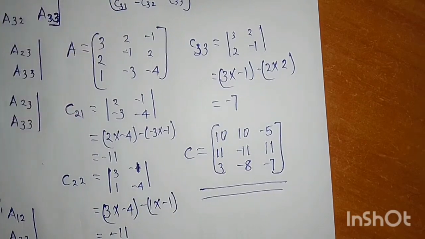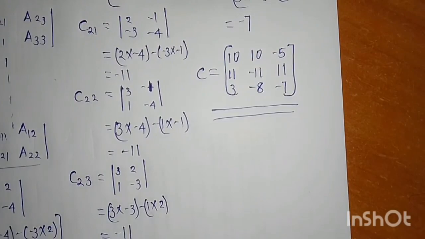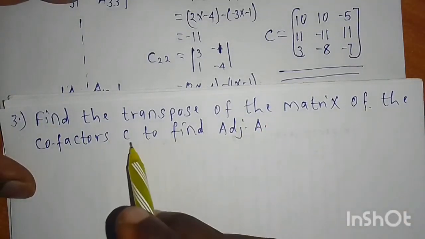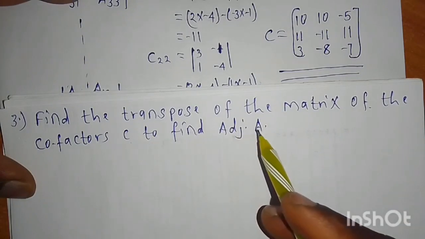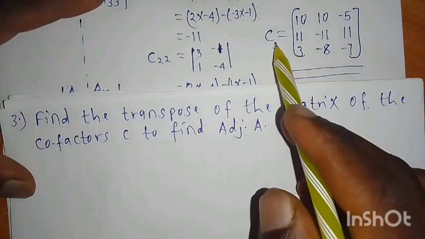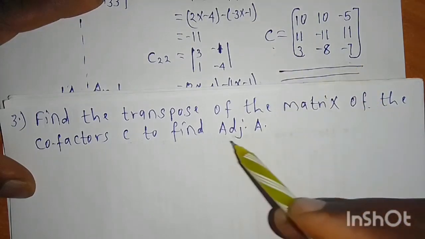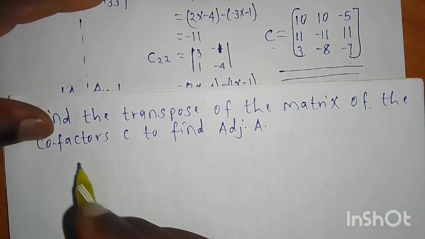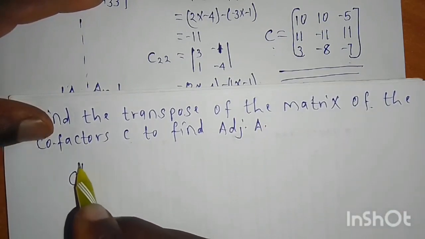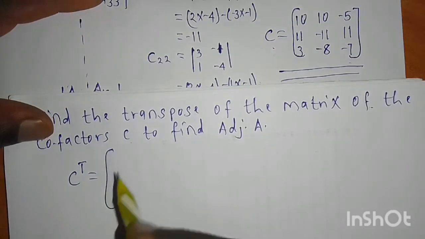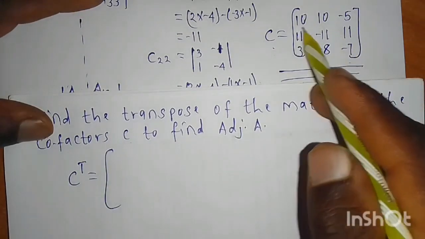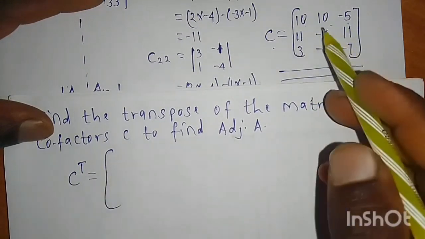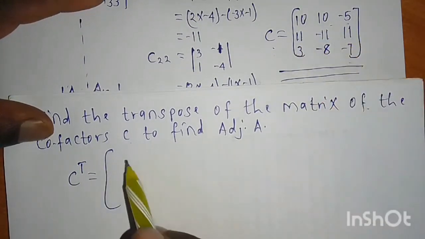We now proceed to the third step, which is to find the transpose of the matrix of the cofactors C to find the adjoint. The transpose of matrix C is found by taking the elements of column 1 to be the elements of row 1 and the elements of column 2 to be the elements of row 2.